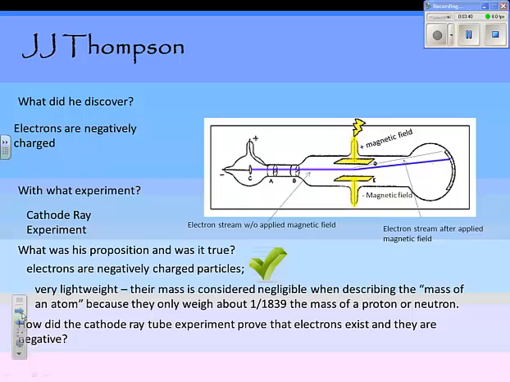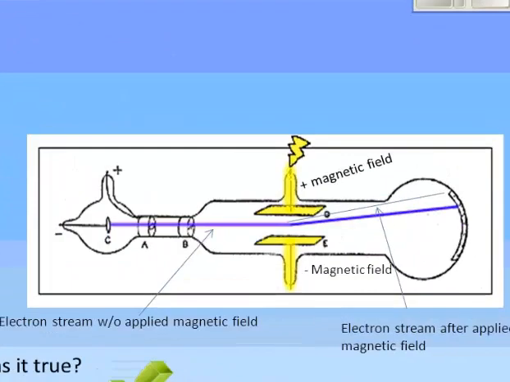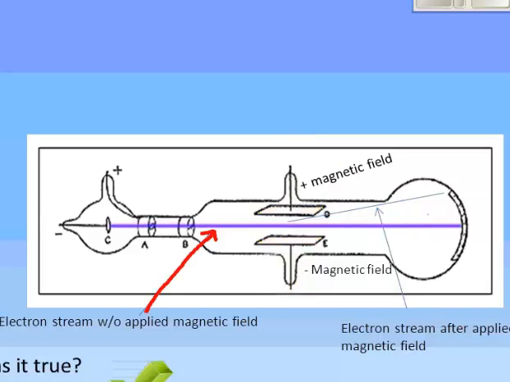So how did the cathode ray experiment work? Well, this little purple beam, you can see it's pointing to it, is the electron stream applied without the magnetic field. The yellow part that's flashing is when the magnetic field is on. But you see between flashes that that purple stream is a straight line all the way through, and it hits right here in the middle of the cathode ray when the magnetic field is not on.